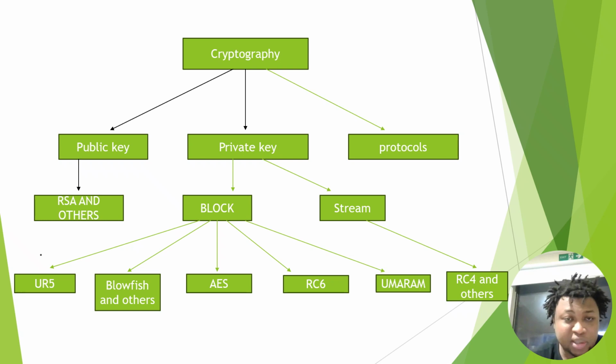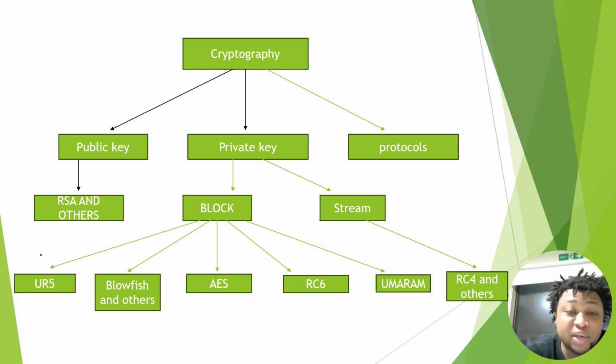The diagram explains the types of cryptography, and we've already explained the public key and private key. When you're using the public key, the first line involves further explanation of the types of algorithms found on the public key: RSA and the others that I've explained. Sorry.